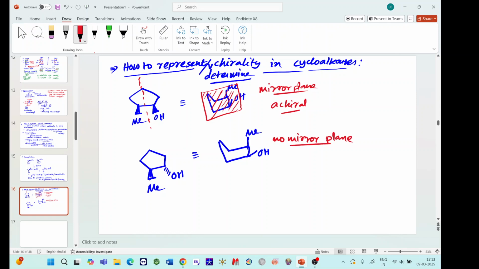So it should be chiral. Okay, so there are two chiral centers present here.